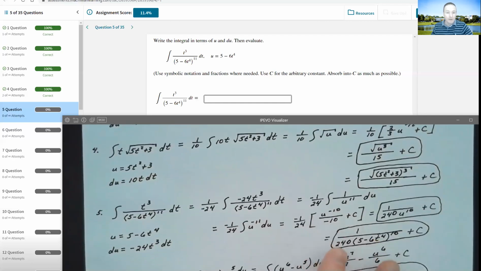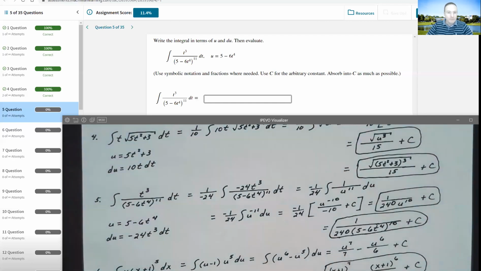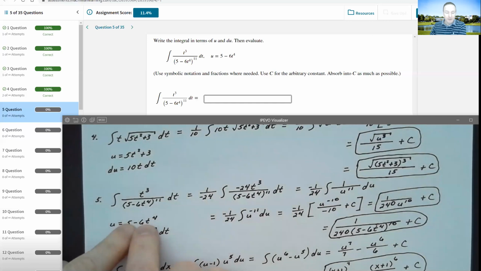The next one here, number 5. So it says to write the integral t cubed over 5 minus 6t to the 4th raised to the 11th power in terms of u and du, and then to evaluate it. Okay, no problem. So we'll go through and say, well, u is just the denominator, 5 minus 6t to the 4th power.